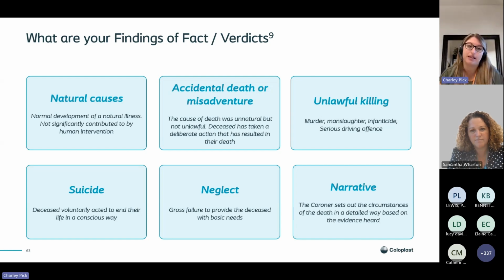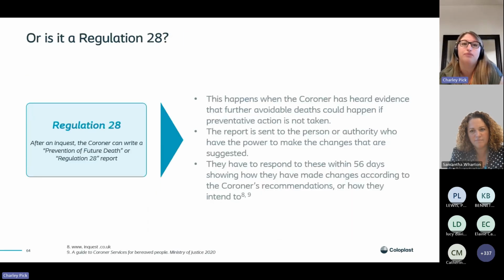The other aspect to think about is whether you think there should be a regulation 28. I'm going to change the slide, and I will change it back, don't worry. Is a regulation 28 needed? And if so, which company, trust or institution do you think needed to have a regulation 28?